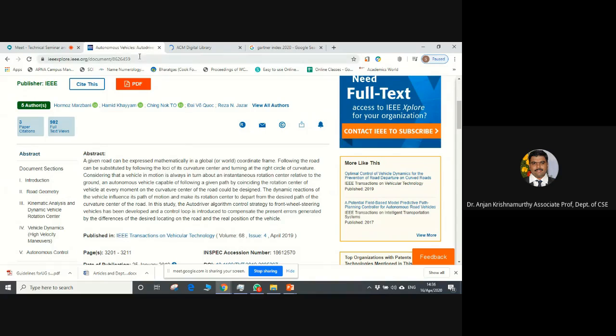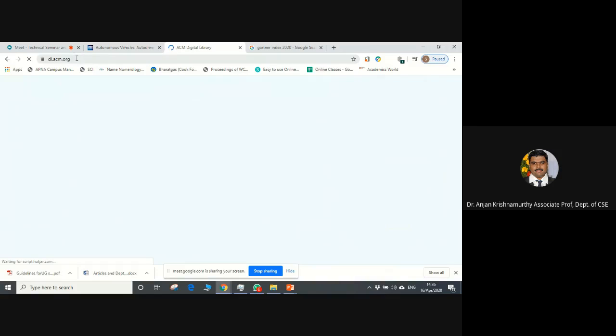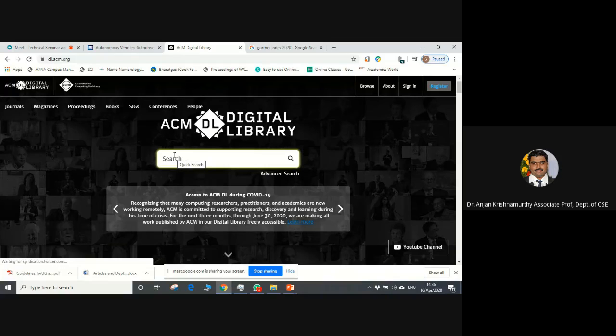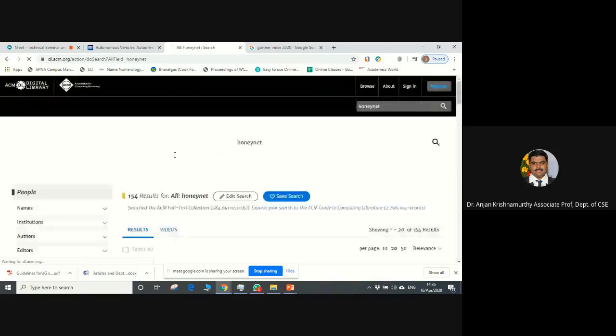This is IEEE Xplore. Similarly, in ACM Digital Library also you can explore in the same way. ACM Digital Library is the oldest library. So here also you can search for certain items. Let's say I'm trying to talk about honeynets.